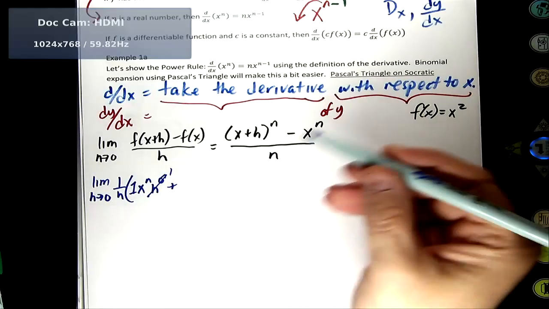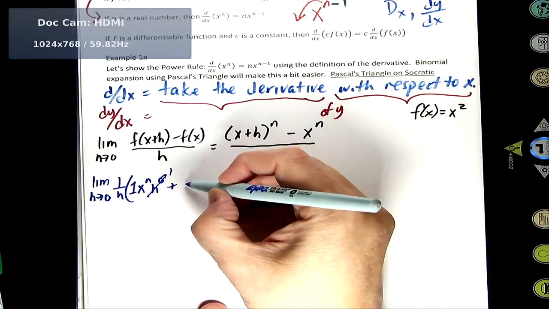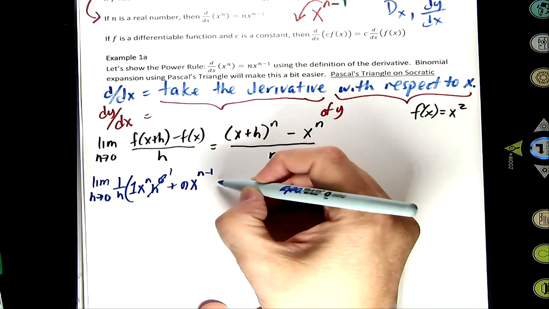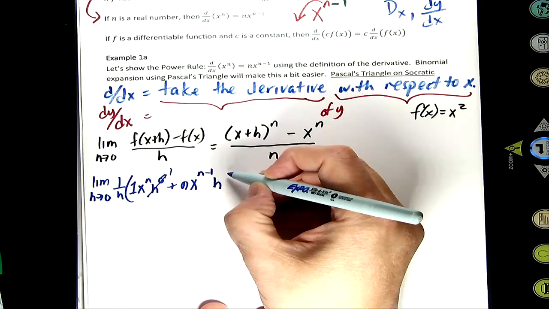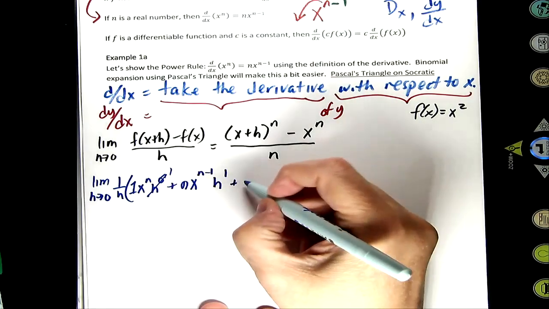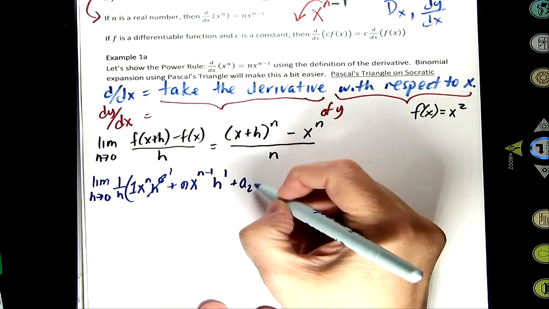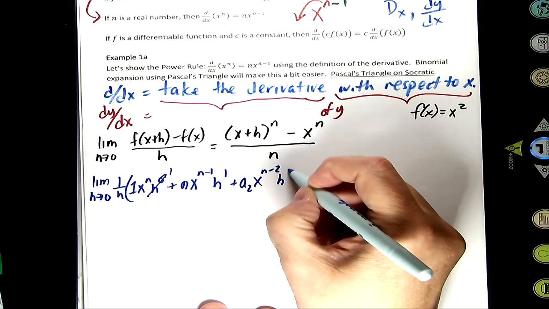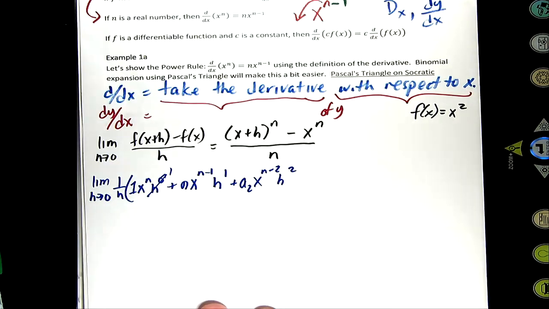We don't have a 6, we have n. This is going to be n, x to the n minus 1. H goes up 1. Then I don't know what this term is. I'm going to call it a2. X to the n minus 2, h squared. So we follow the pattern for a little bit.